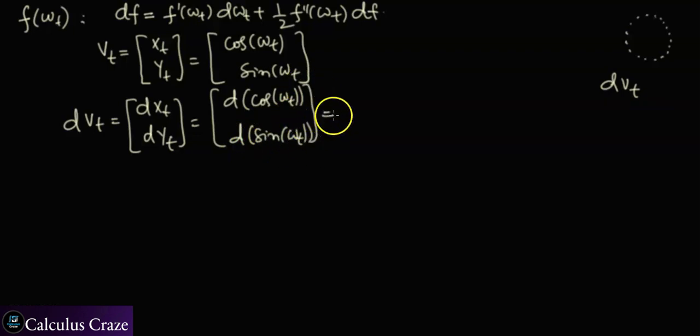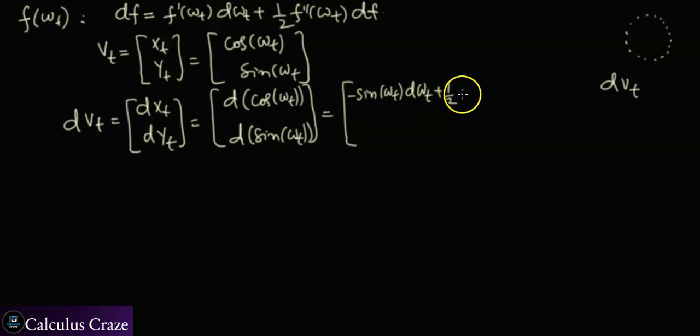So you can now apply this formula: if my function depends only on Brownian motion, then I can compute its differential by using this formula. So I need the first derivative of the cosine function, which is minus sine of w sub t dw sub t, plus 1/2 times its second derivative.